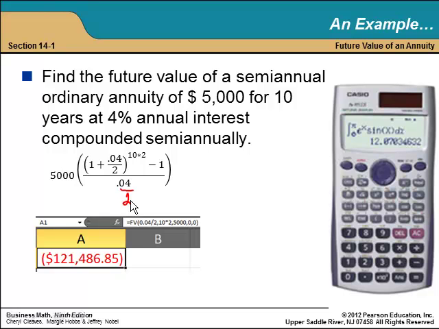Find the future value of a semi-annual ordinary annuity. Semi-annual, so that's why it's 4 divided by 2, 10 years, so 10 times 2. $5,000 every half year for 10 years is already $100,000. So it's $121,000. Seems like a lot, but it's only $21,000 worth of interest.